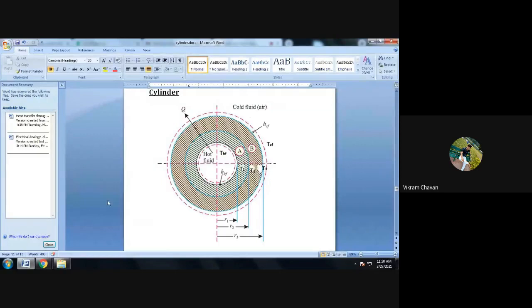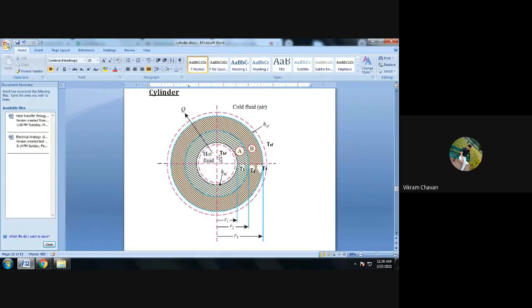Okay, getting everyone? Now, hot fluid is flowing inside the cylinder. We have to consider the one-dimensional heat transfer. That is nothing but what? Heat is transferring radially from the internal fluid towards the external surface.